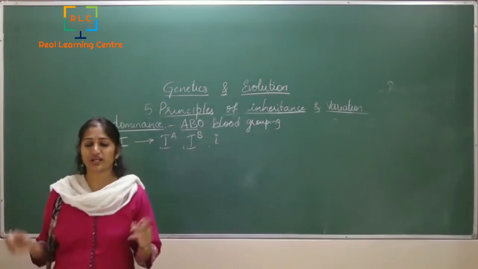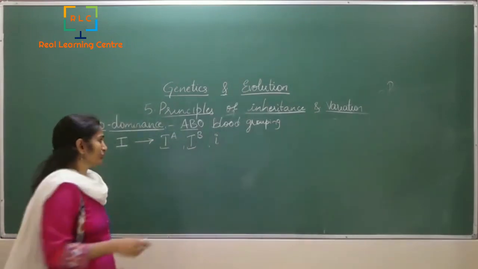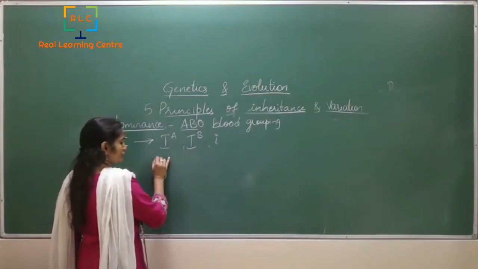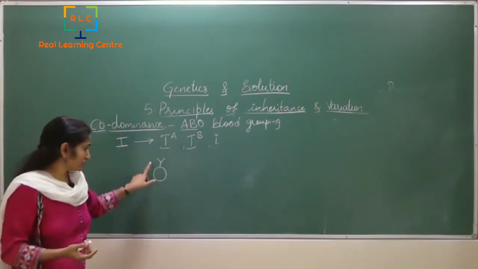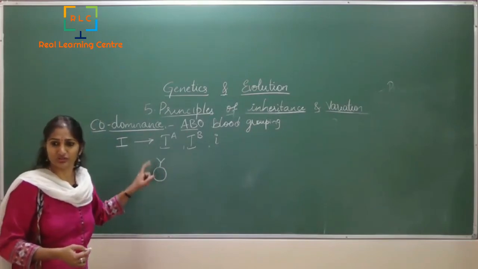So there are IA, IB and i. Now, if there is IA, it produces one kind of sugar chain.